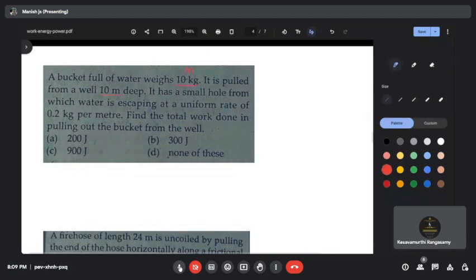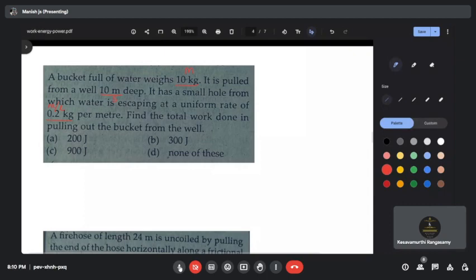You also have information about the displacement, the height. They've also given you a uniform rate, which is 0.2 kilograms per meter. That's the mass per unit length, the ratio of m upon h or m upon l. They're asking you what is the work done. That's it.